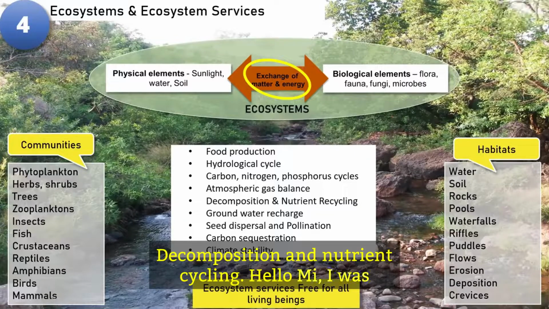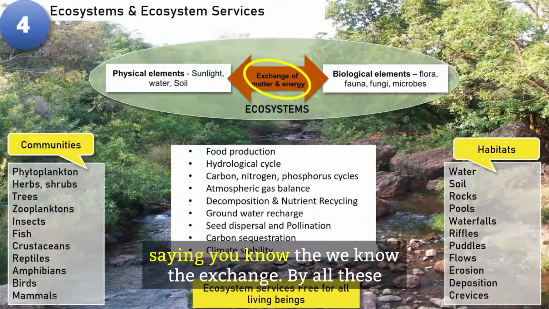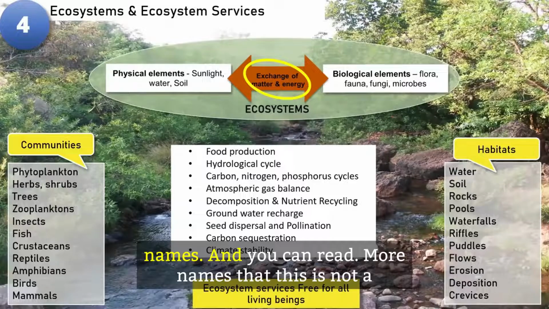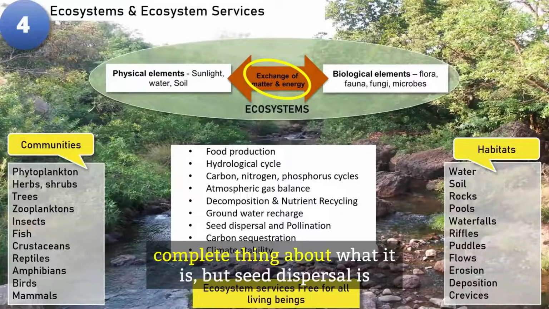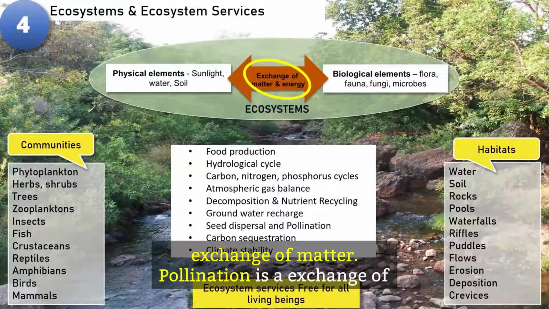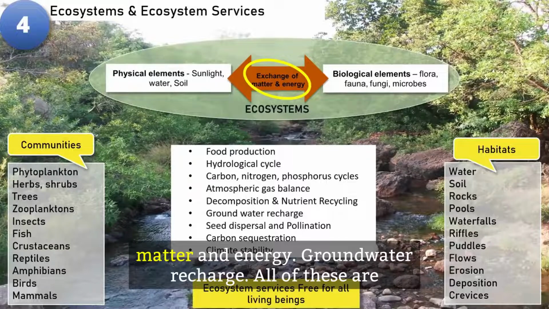I was saying, we know the exchange of matter and energy by all these names. And you can add 50 more names into that. This is not a complete list. But seed dispersal is exchange of matter. Pollination is an exchange of matter and energy.